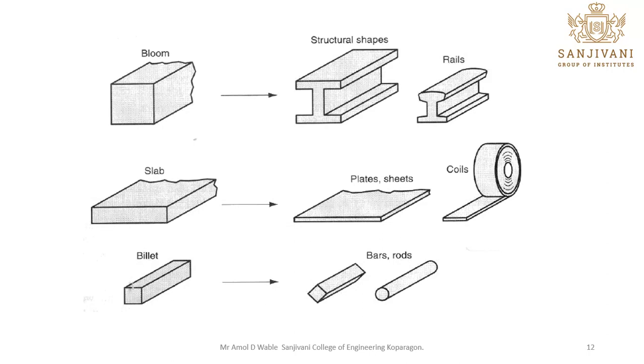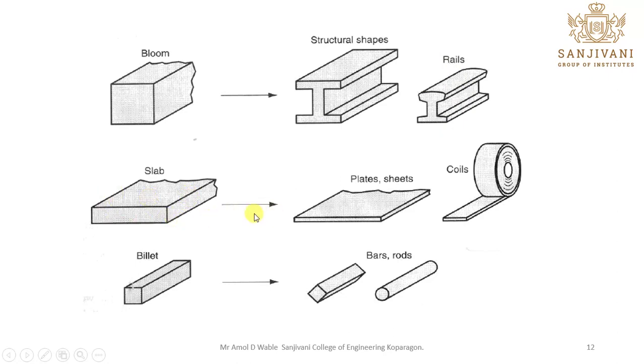So this is the same, where from a bloom structure you can get this kind of shape like the I structural shape. These shapes are used to make building structures to support even these rails, as I talked about in the previous slide. The bloom structure is used to make a rail.